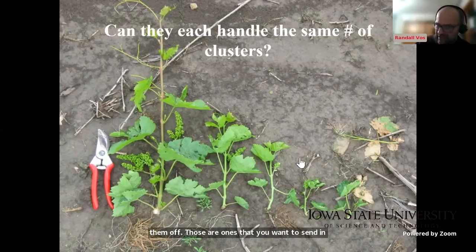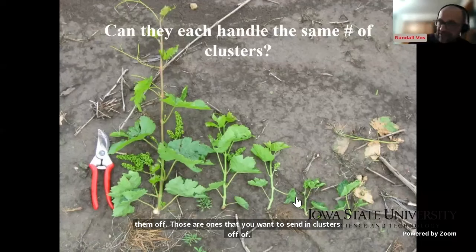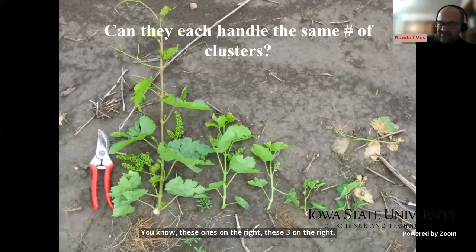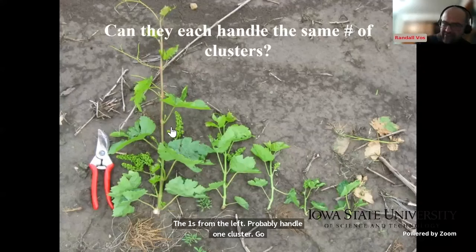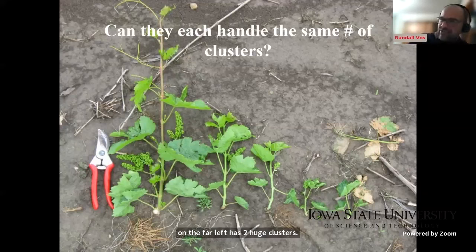These 3 on the right probably should have no clusters on them. The one second from the left can probably handle 1 cluster. The one on the far left has 2 huge clusters, and there's no reason to thin any of them off because the shoot is telling us it's balanced, it can handle it.